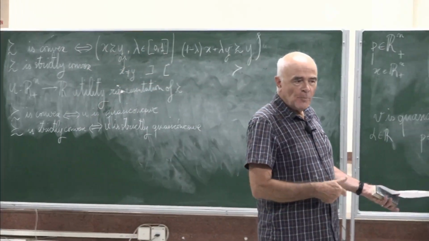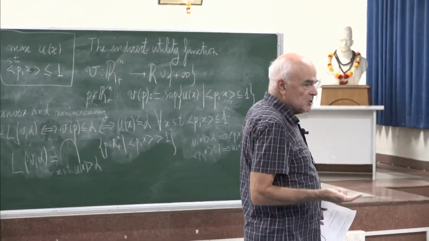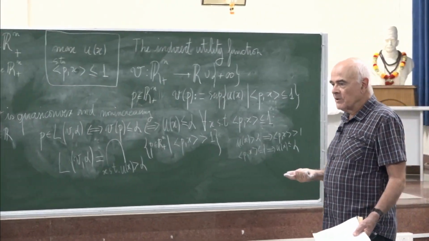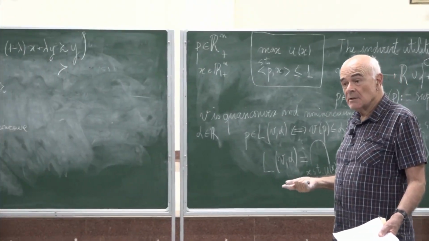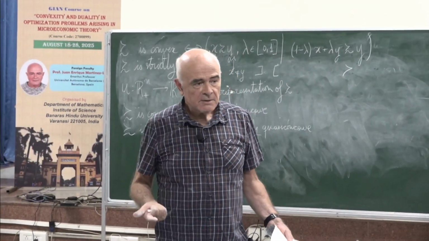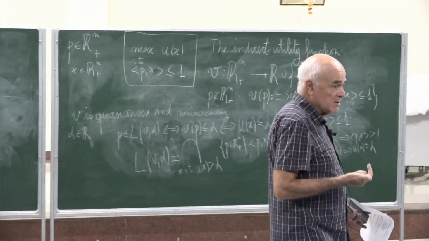Now, if all open convex sets, all closed convex sets, and all one-dimensional convex sets are evenly convex, the question is, are there convex sets which are not evenly convex? The answer is yes, but not in dimension 1.